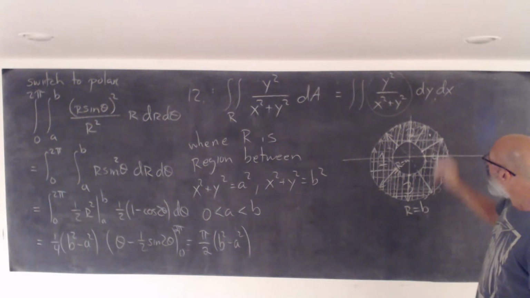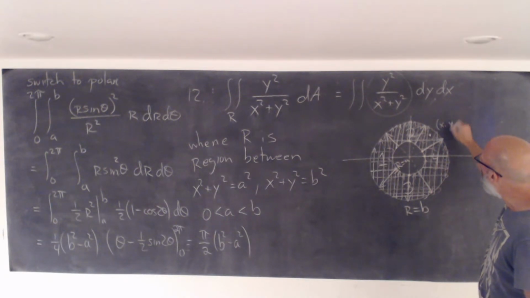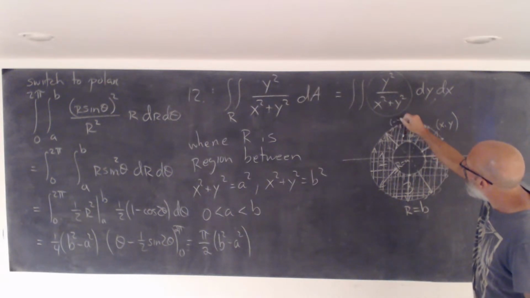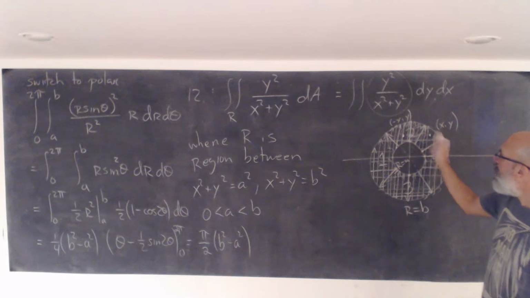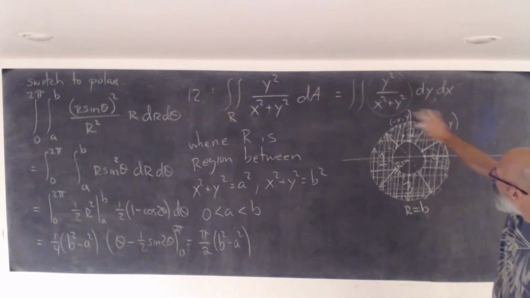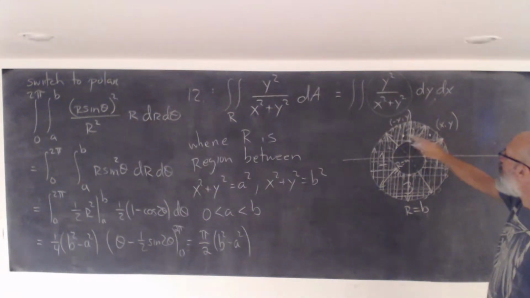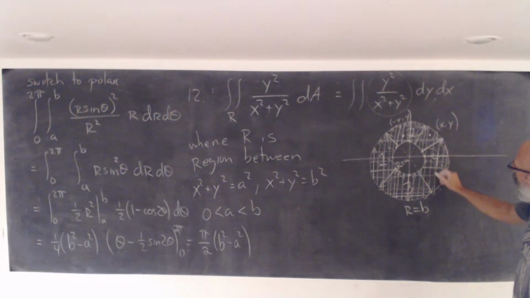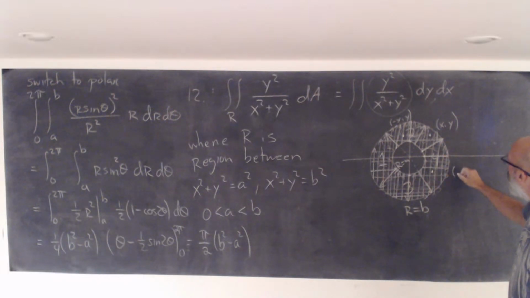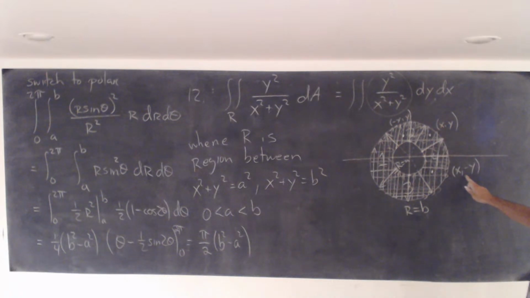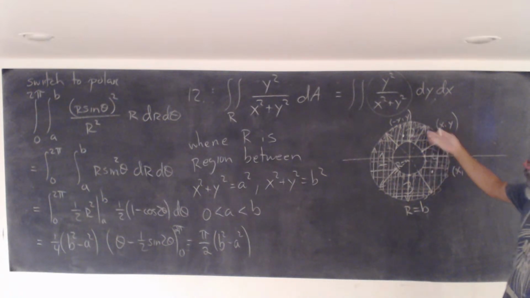And let's address that. For every point x, y here, you have a corresponding point, negative x, y, on this side. And the height of your function is the same at both of these points. And for every point x, y here, you have a corresponding point, x, negative y. And the function at x, y is the same as the function at x, negative y.